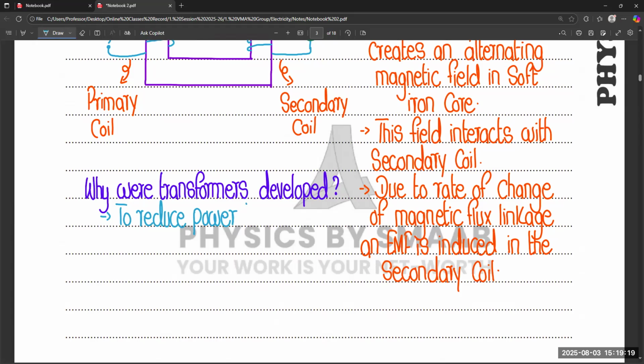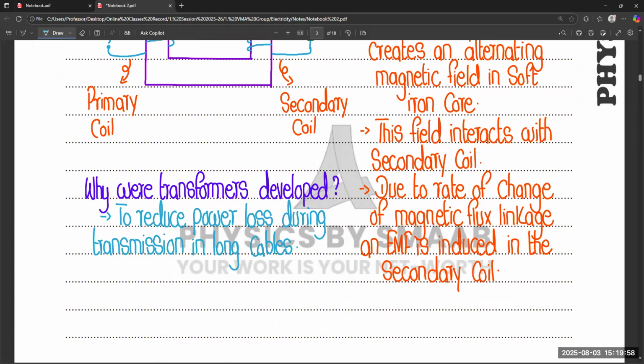So to reduce power loss during transmission in long cables, we have to increase the voltage at that point.